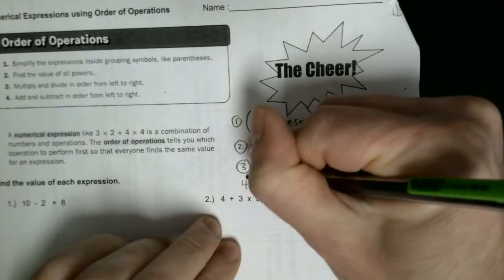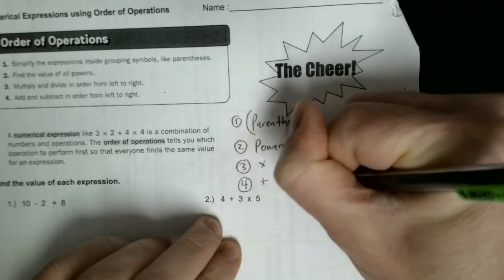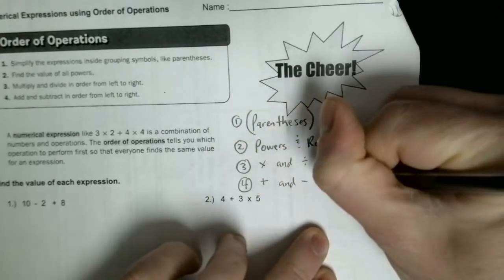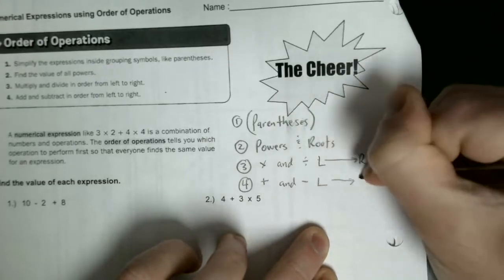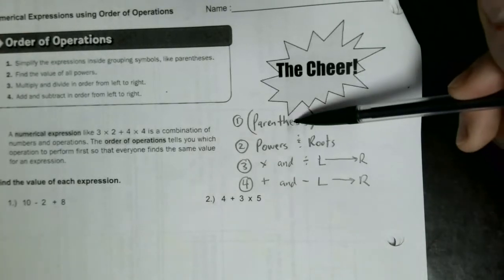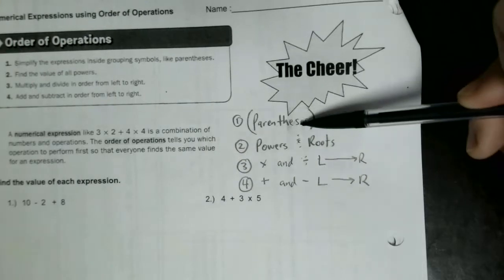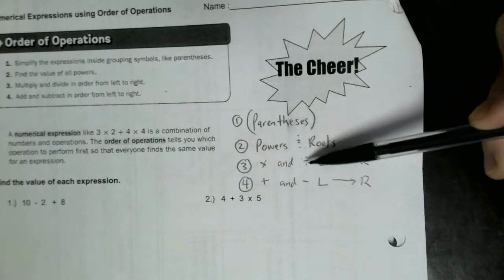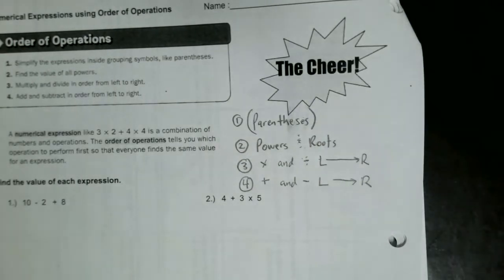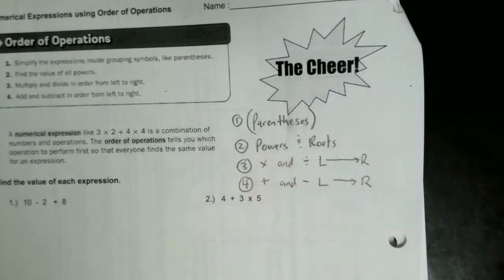And then the last step, we're doing addition and subtraction, left to right. We're looking for both. So this is the order we're going to go in. Every time we evaluate an expression, we're going to use these rules in that order. It's called the order of operations, also known as the cheer.